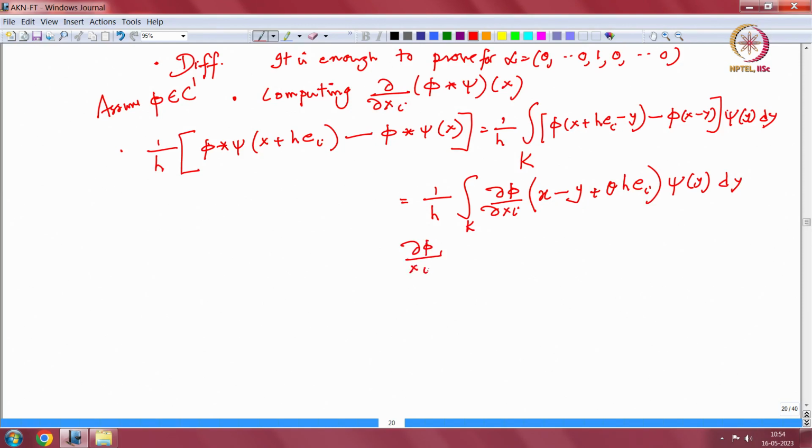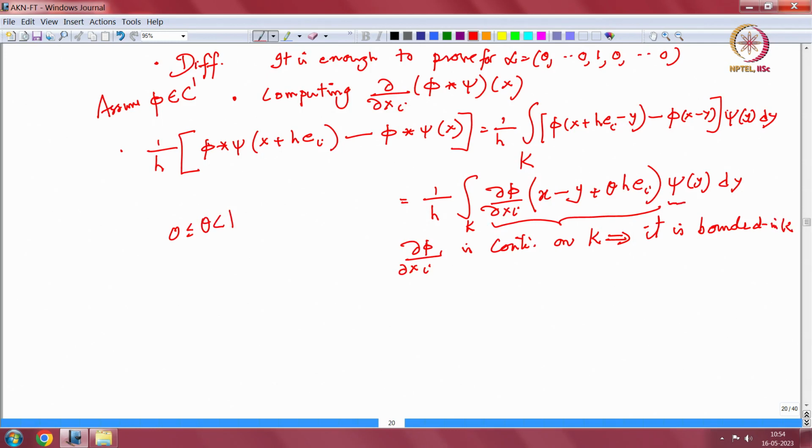What you have to do is that d phi by dxi is continuous on k, and that implies it is bounded, d phi by dxi is bounded, okay. So, you have a bounded function here basically, of course with 0 less than or equal to theta less than 1, and bounded in k. And psi is an integrable function, okay.